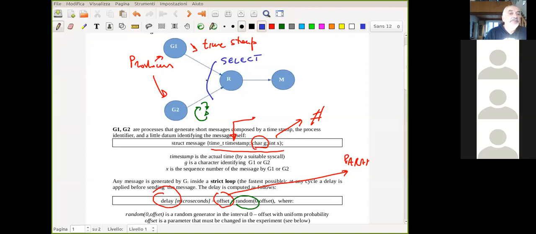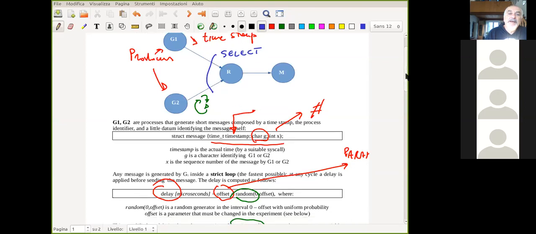So it has two unnamed pipes, and R has to select, even if you know that both G1 and G2 generate data. This is a mandatory prescription: you must select the pipe that has data, because one of the two is faster, because the delay in the loop changes randomly. So you must apply the select.